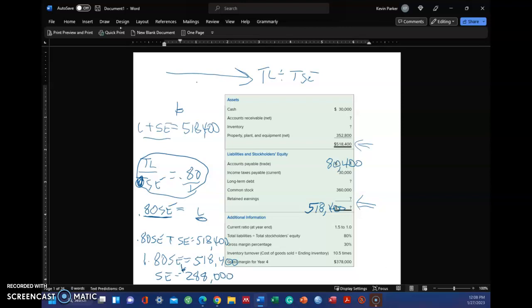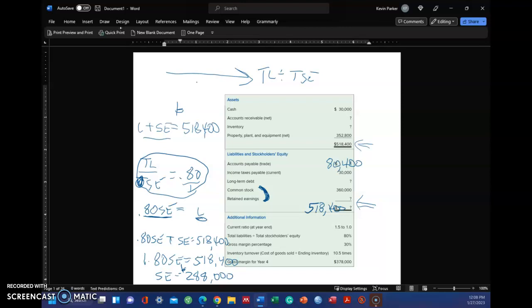We're almost done, but SC is made up of common stock and retained earnings. Sadly for us in this problem, and I guess the authors of the book wanted us to discuss what's about to happen, it bothers me, but I'll talk about it.